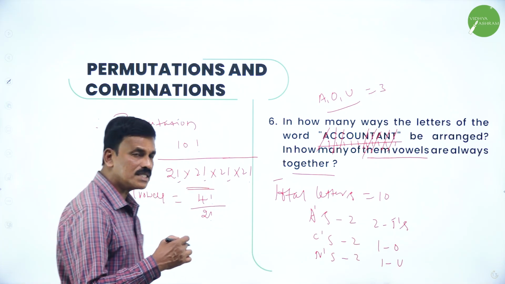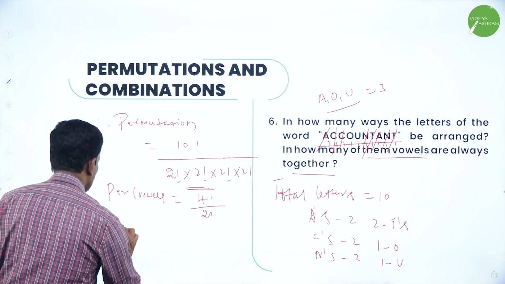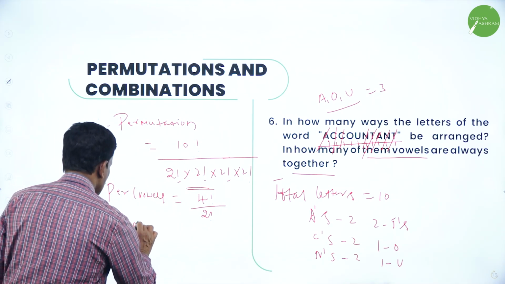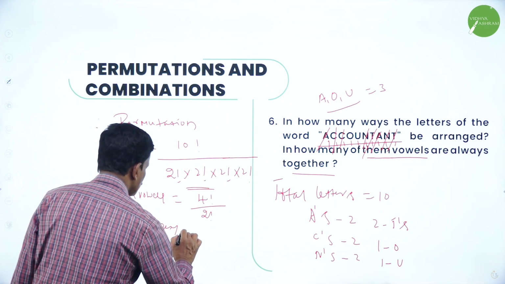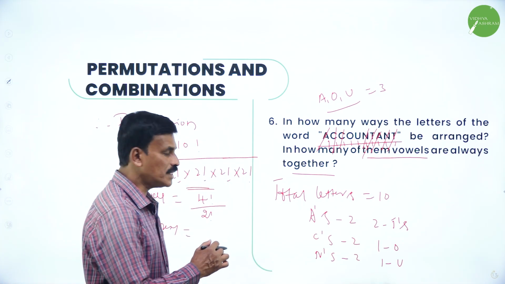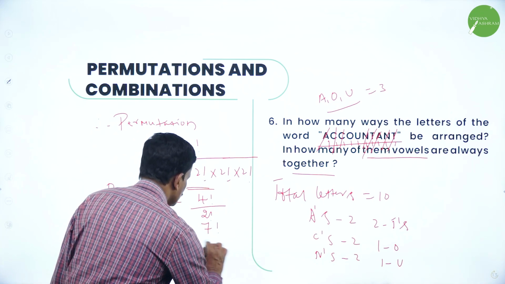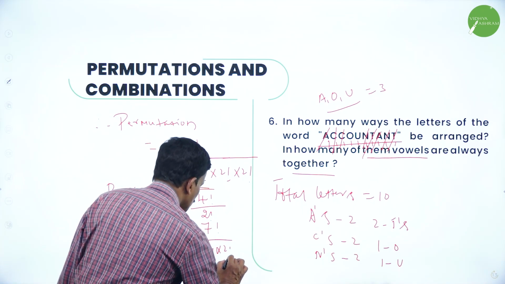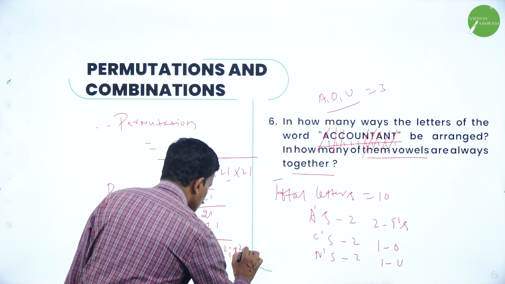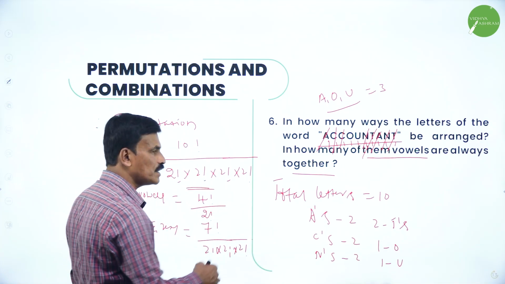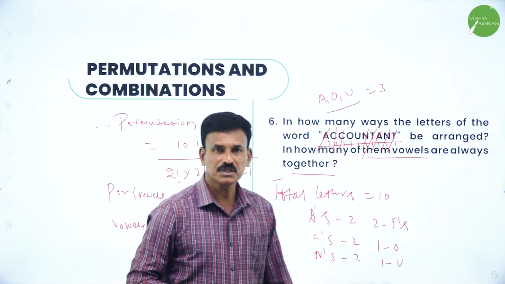Now, the vowels and the remaining letters can be arranged in, so there are remaining 7 letters, so 7 factorial divided by 2 factorial into 2 factorial into 2 factorial. Now, just multiply these two will give the required permutation, that's it.